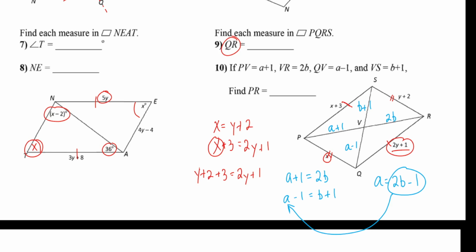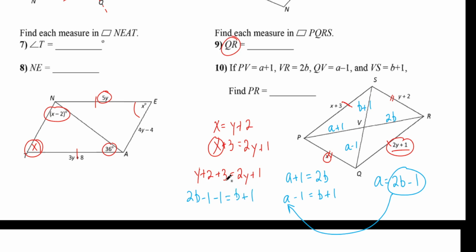You see that? All right. Sure? So instead of A minus 1, what are we going to write? No, it's not an A now. We're taking this, we're replacing that A with this. So what is it going to be? 2B minus 1, minus 1, because of that minus 1 right there, equals B plus 1.